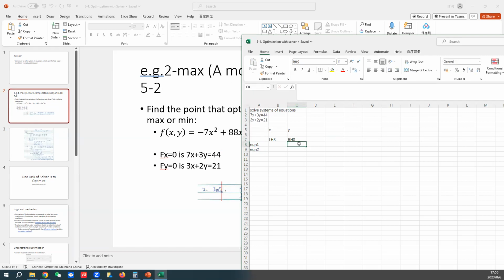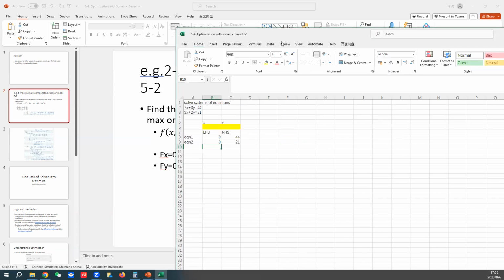The right-hand side is straightforward, which are just constant numbers. The left-hand side is a combination of the calculation. The left-hand side of the first equation is 7 times x plus 3 times y. The second one is 3 times x plus 2 times y.